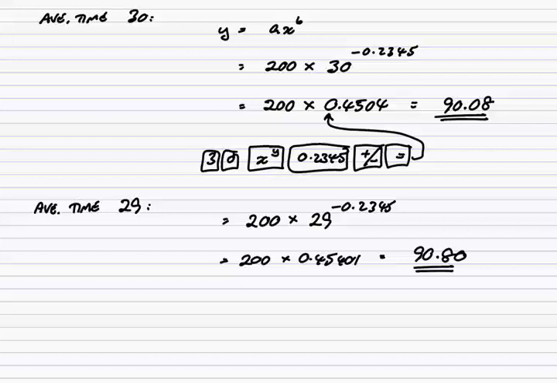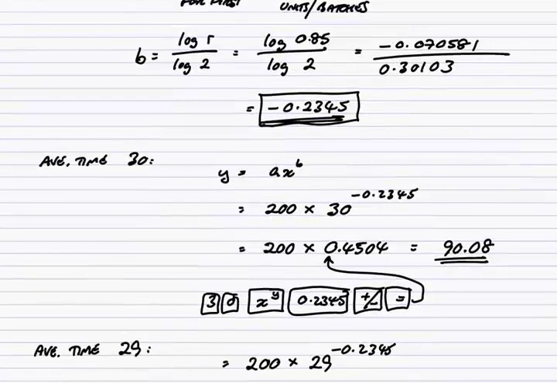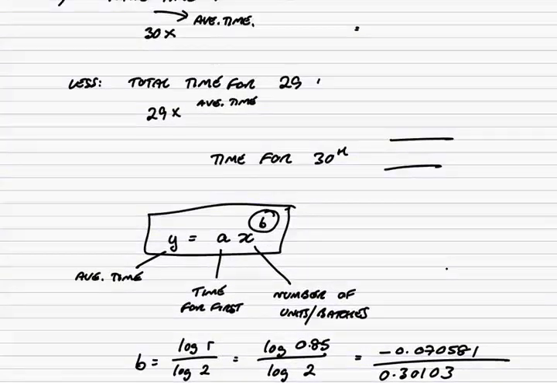Finally though, for this example, do please remember that all you've worked out for these two is the average time per unit. If you look back at the table we set up, what we need to know is the total time. So making 30 will be 30 times the average time, which was 90.80.